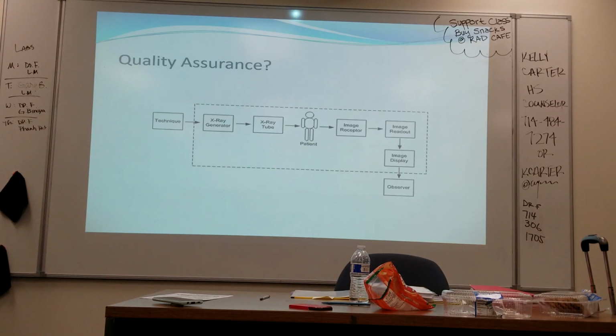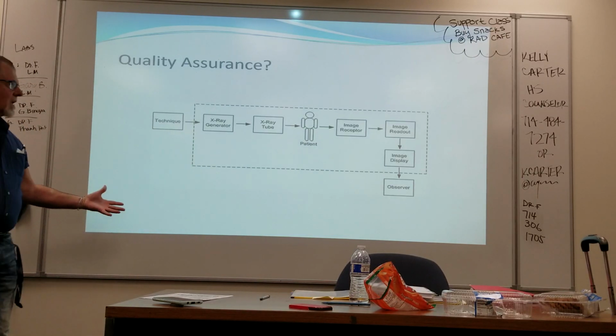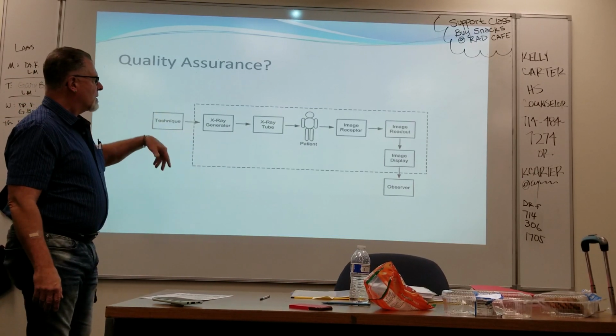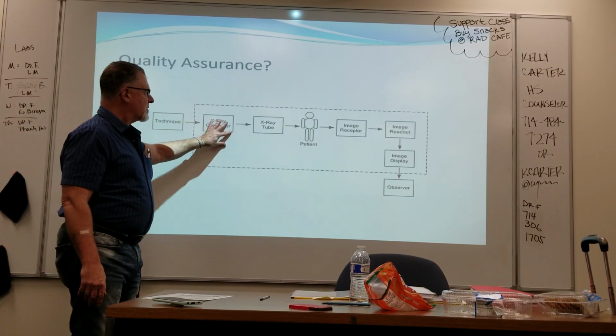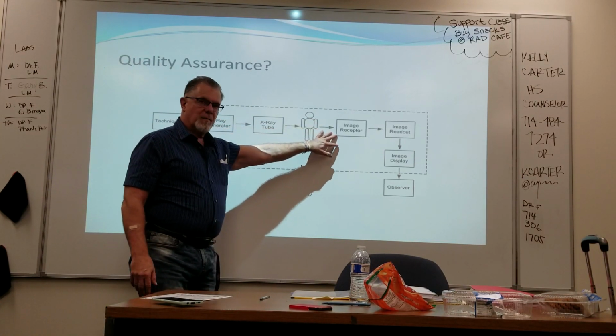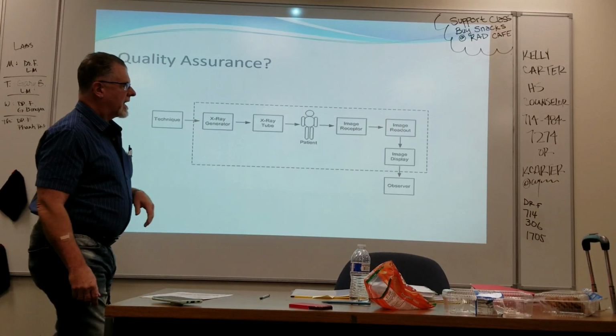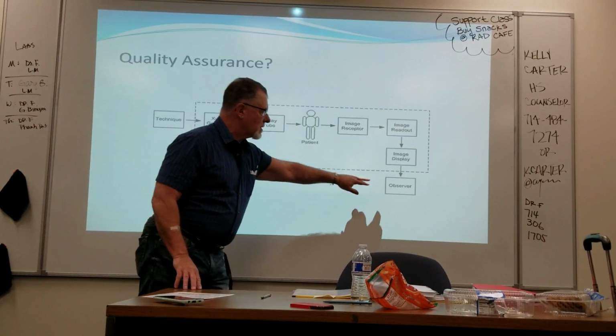Okay. So the program, if you look at it as a box, is pretty simple. You start with your technique, and however you adjust the X-ray generator drives the tube, exposing the patient, hitting an image receptor of some sort. You have a readout, a display, and then there's the observer.